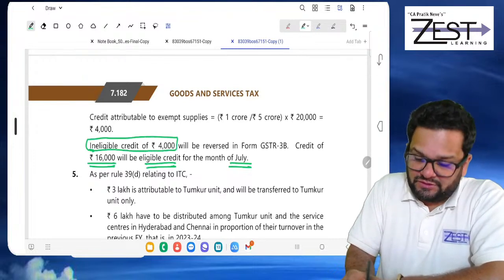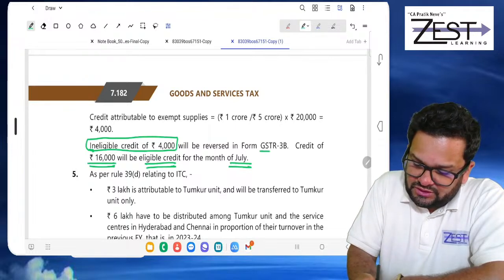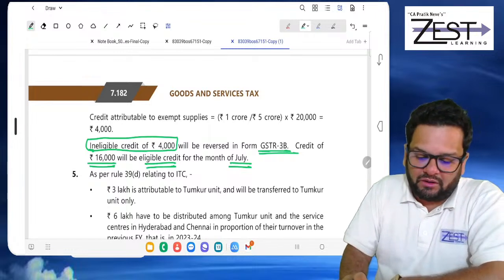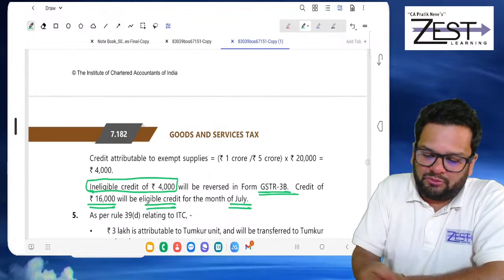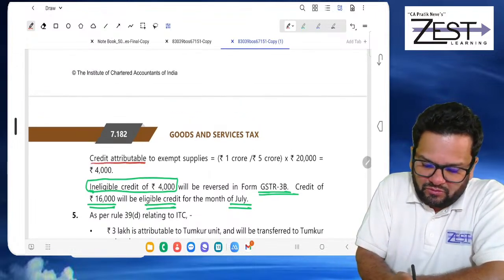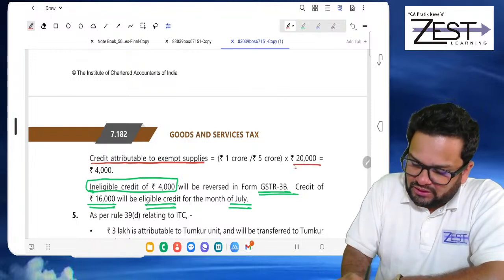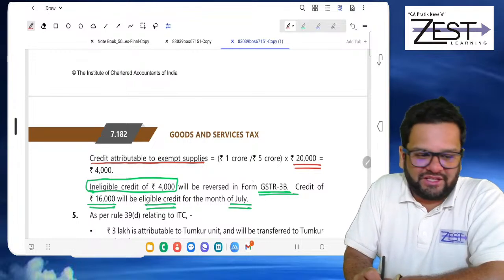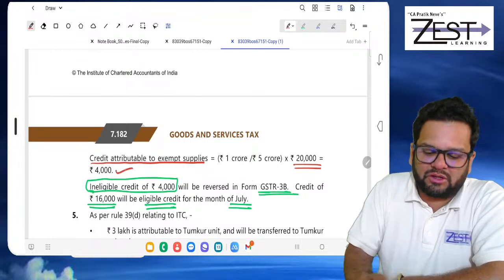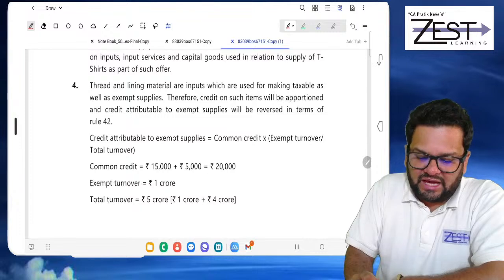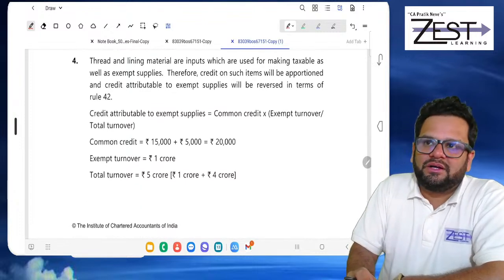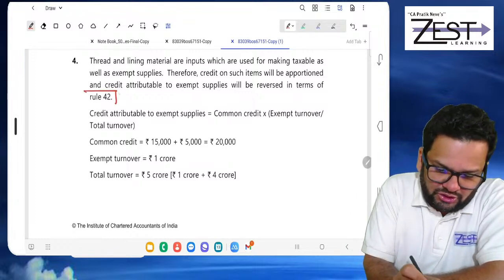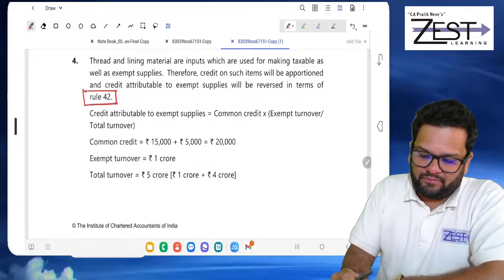The ineligible credit of 4,000 will be reversed in GSTR 3B, means that much ITC will not be availed. Credit attributable to exempt supplies was, as we discussed, 20,000 multiplied by 1 crore upon 5 crore, that is 4,000. Is it absolutely clear to all of you? This amount to be disallowed, we have decided as per rule 42. Yes.